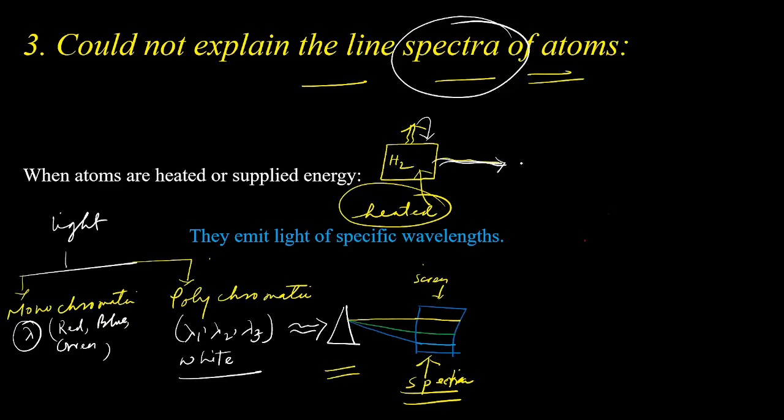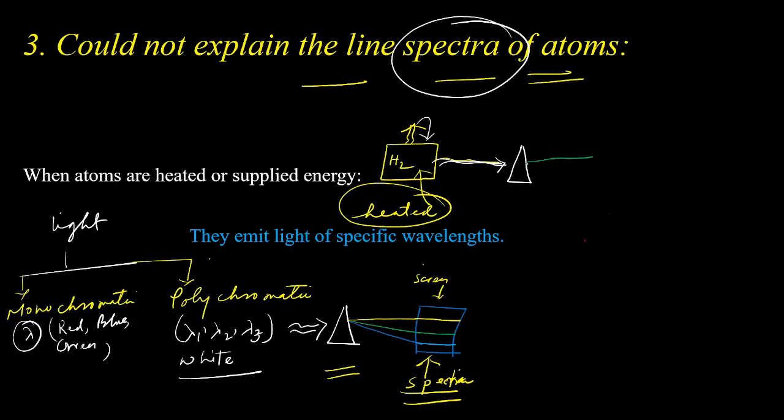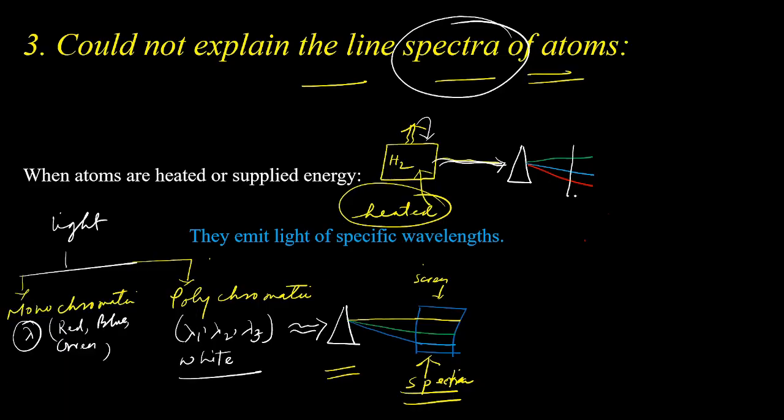If the released energy is made to fall on a prism, that energy gets separated into different types of light, like this, right? And then that light will fall on a screen or detector.